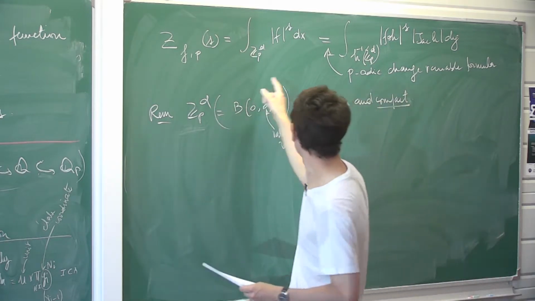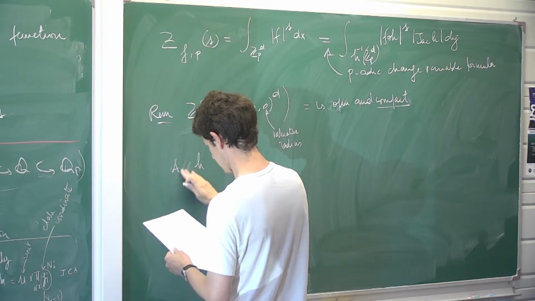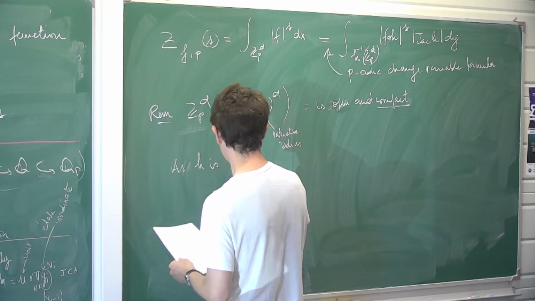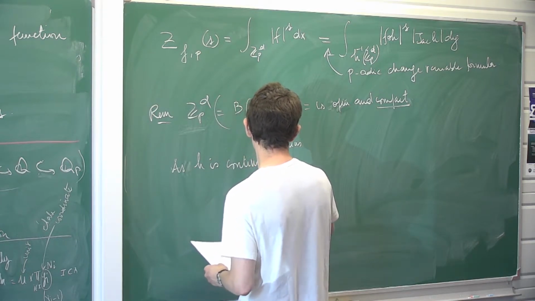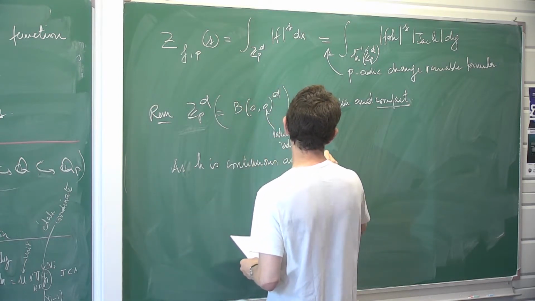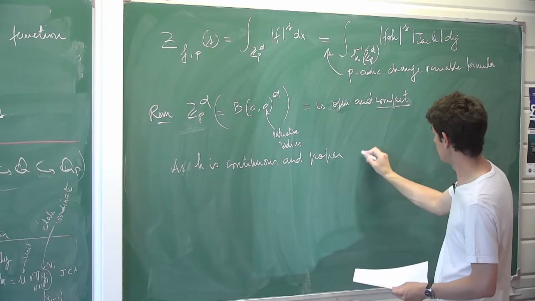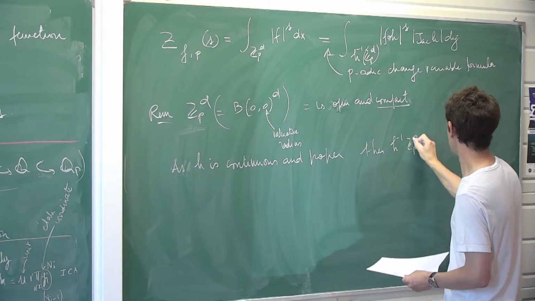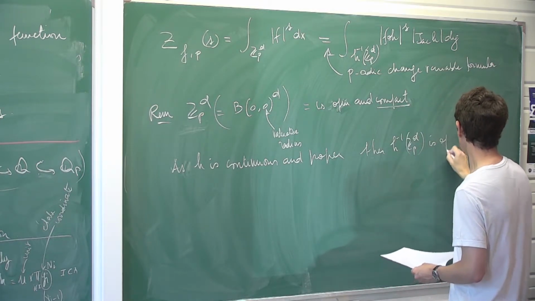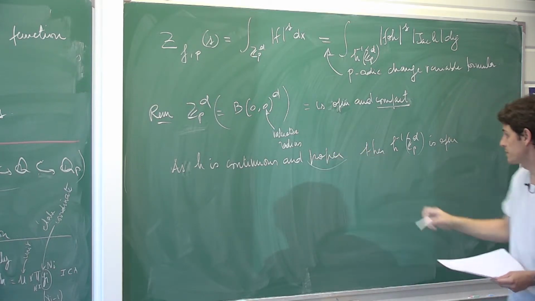So as H is continuous and proper, then the inverse image of this ball is open by continuity and is also compact by properness.